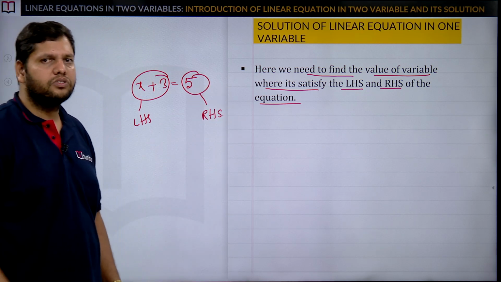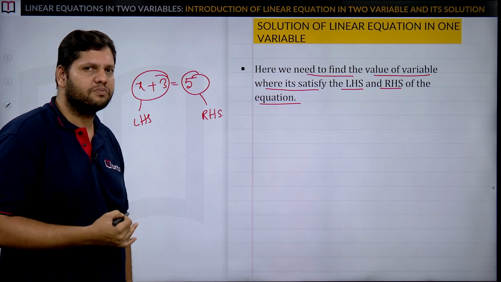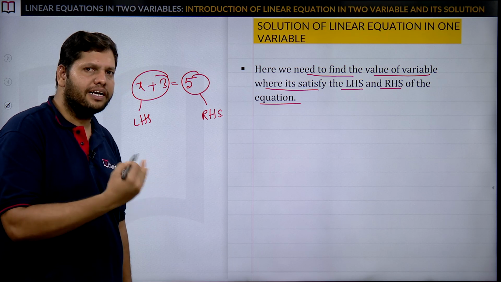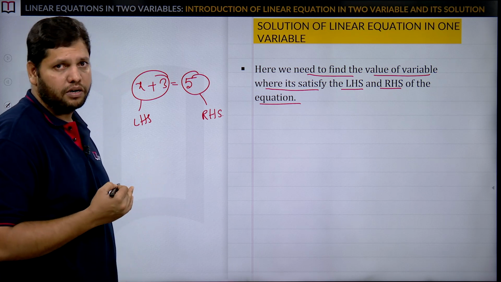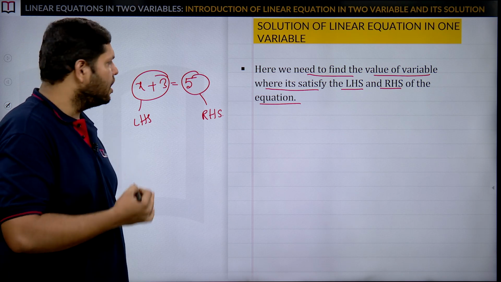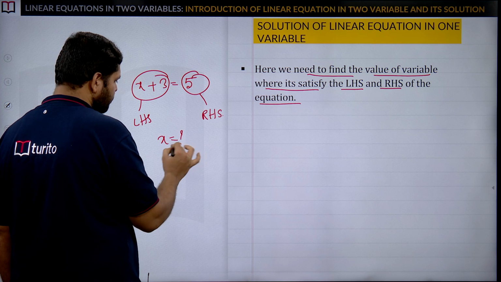For the equality symbol, the complete left hand side part is called the LHS part. For the equality symbol, the complete right side part we can call the RHS part. Okay. Now, children, I want to find the x value. So, x is equal to question mark.